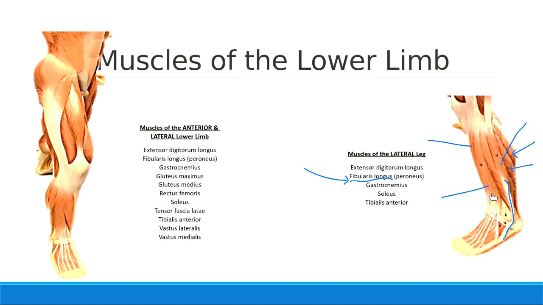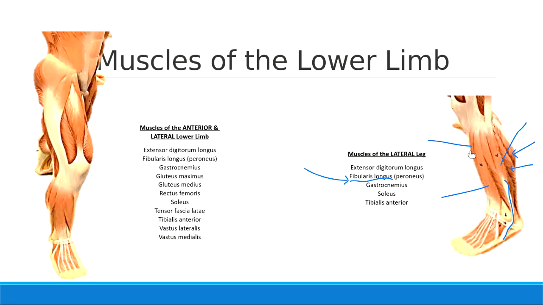And remember, its name was extensor digitorum. If you look at this muscle right here, see all these little tendons, these little white lines going down into the feet, down to those digits. So extensor digitorum, we're going down into the digits or into the toes. That's this muscle right here. And again, I can't see it super well, but here's my little tibialis anterior.